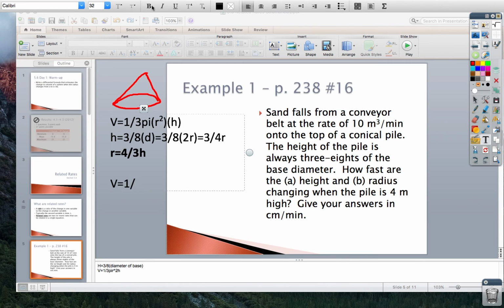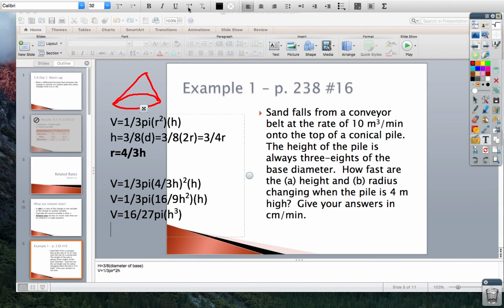So volume is equal to 1/3 pi times 4/3 h quantity squared times h. Notice we replaced the radius with 4/3 h. We're going to be left with V equals 1/3 pi times 16/9 h squared times h. And finally, V is equal to 16/27 pi times h cubed.